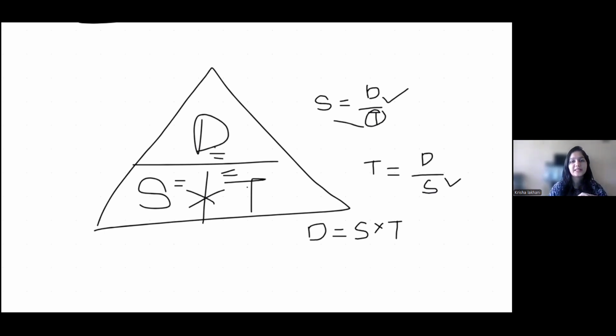I hope it is clear, because for any formula in the world with three values, you can make this pyramid and understand this, or maybe make this trick and learn. There's no need to only learn by rote. If you remember this pyramid, it is very easy to understand. I hope this is clear, and please write it down in your notebooks.